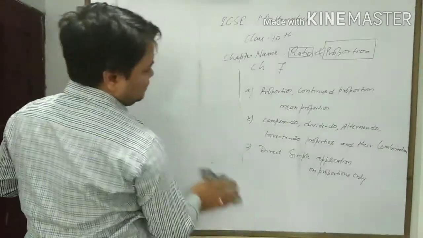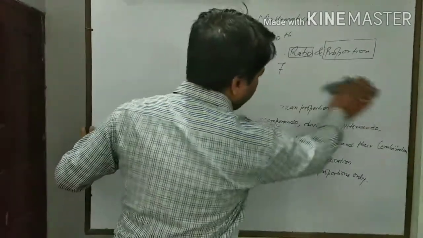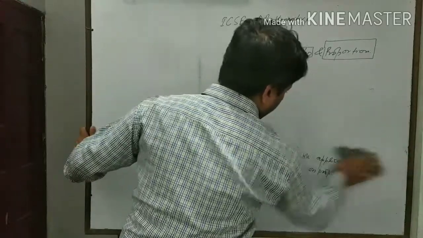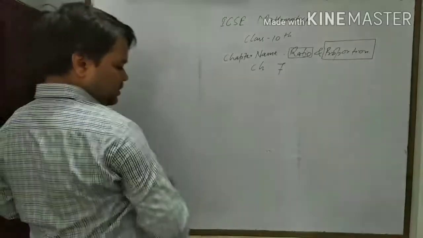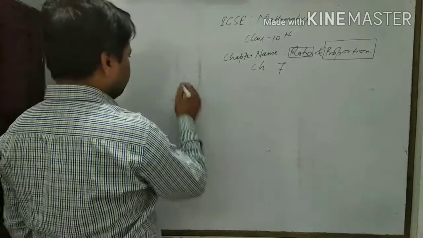A is called the first term and B is known as the second term. But A is also called the antecedent.